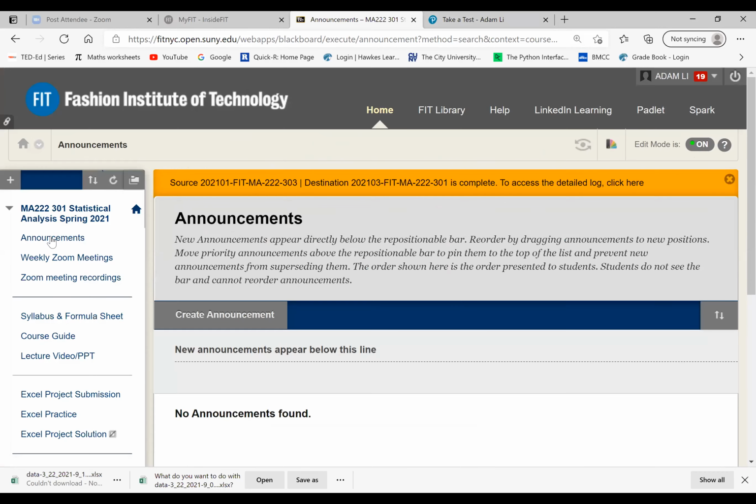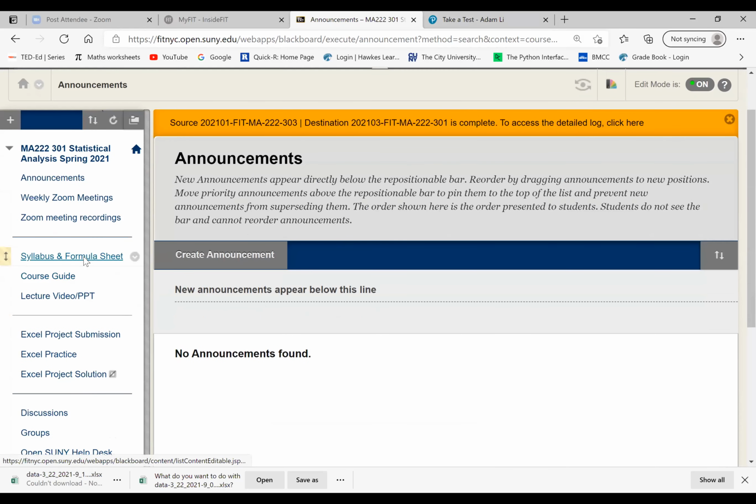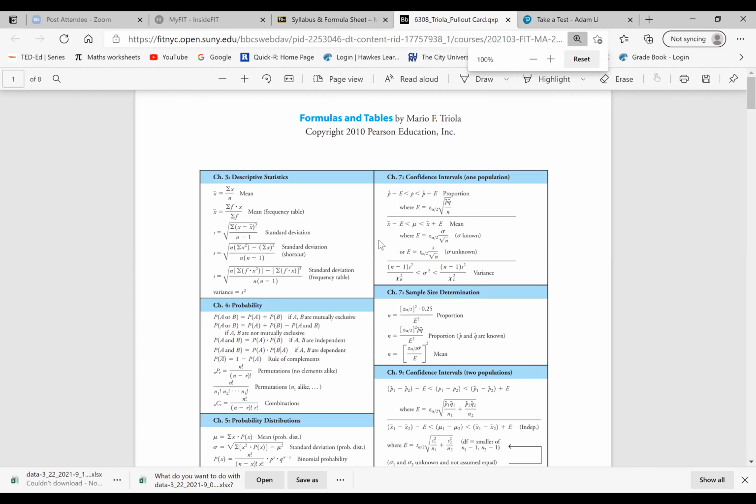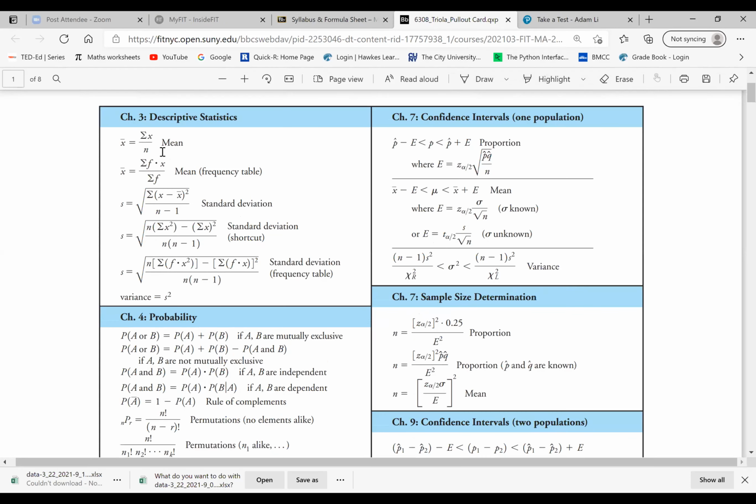You can click on our formula sheet and open that, and you can find all these formulas in chapter 3. For the mean of a frequency table, we're using this formula here. You just need to create a column which is f times x.